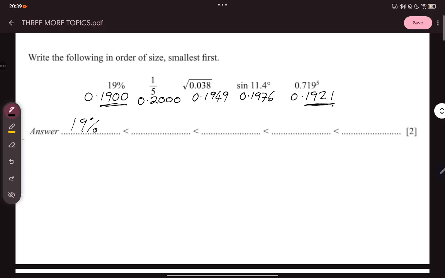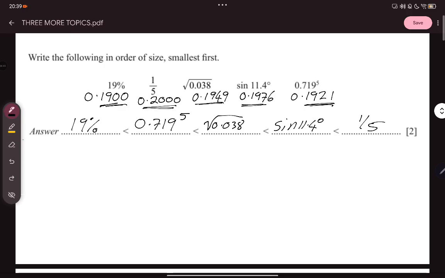So 0.719 to the power 5 is the next one. And then it's going to be 1,949, so square root 0.038. And then it will be sine 11.4 degrees. And then finally the 2,000, which is 1/5.